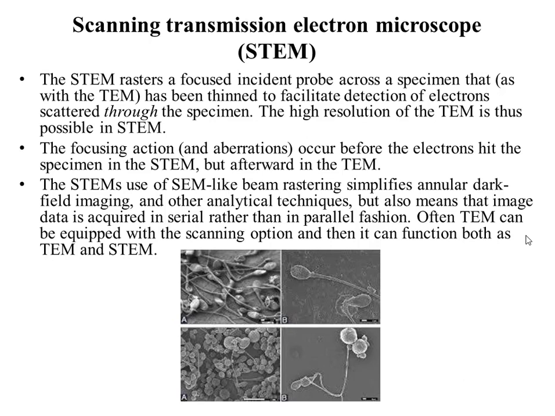The STEM's use of SEM-like beam rastering simplifies annular dark field imaging and other analytical techniques, but also means that image data is acquired in a serial rather than in a parallel fashion. Often, a TEM can be equipped with the scanning option and then it can function both as a TEM and STEM.